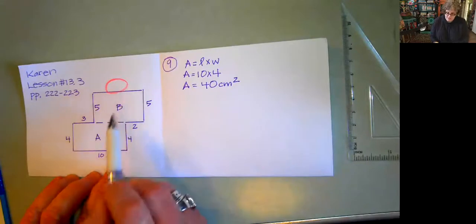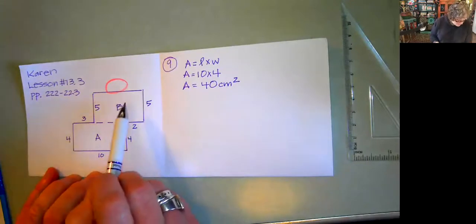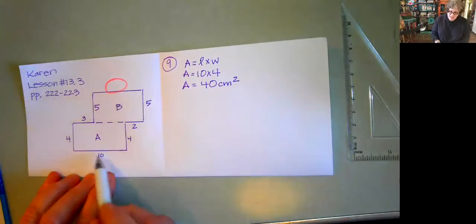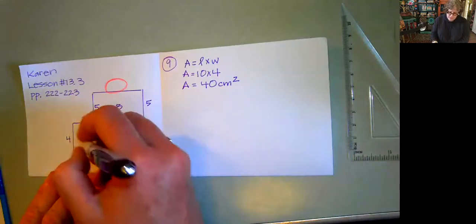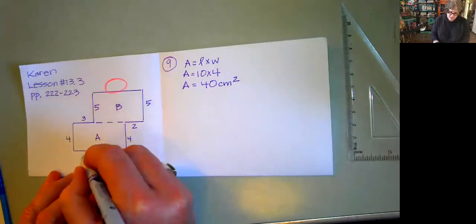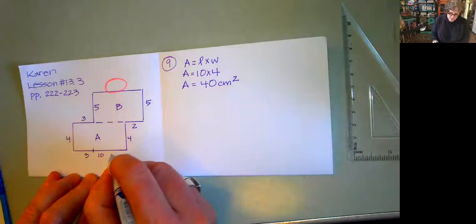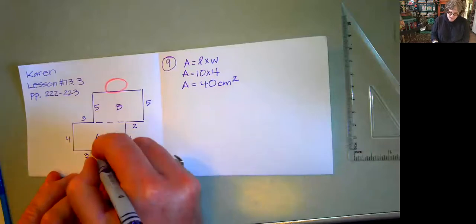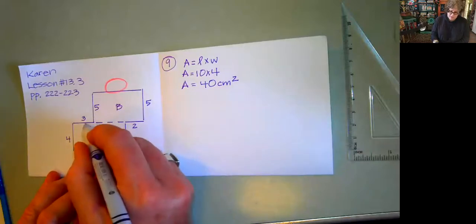So let's see if we can figure it out using what we know. If we know that this is 10, and we know that this is 3, right? So if this is 3 and this is 7, this section is 3 because I know that because the 3's up here.